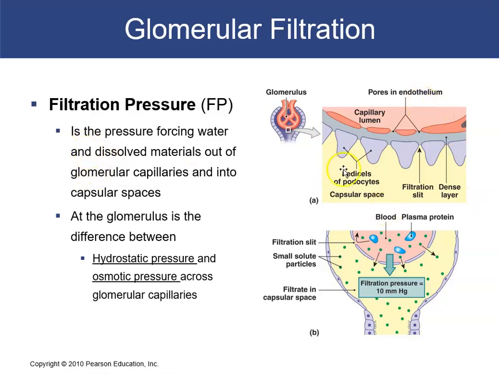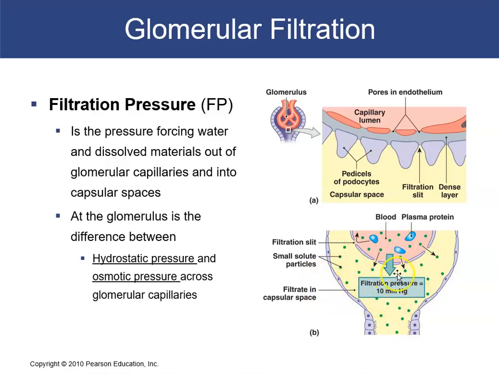Right? So filtration pressure, this is the pressure that's going to force water and everything dissolved in that water out of these glomerular capillaries, through the fenestrations, through those filtration slits, and into this capsular space. This represents the difference between the hydrostatic pressure in here and the osmotic pressure out here.